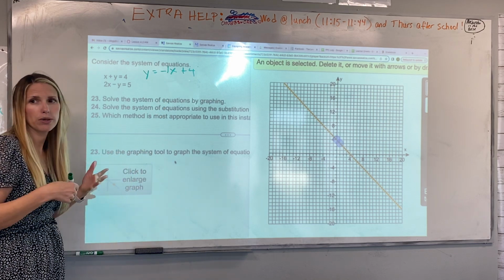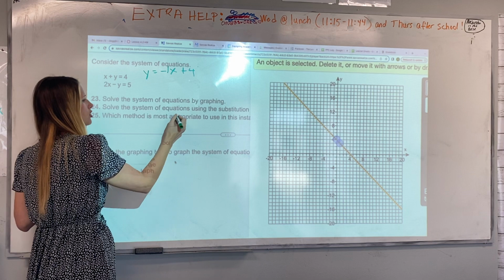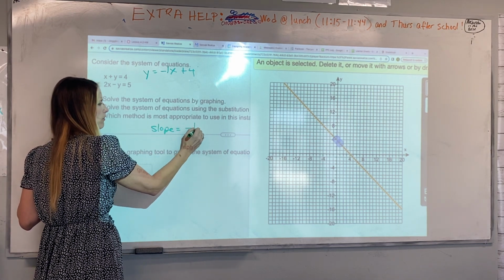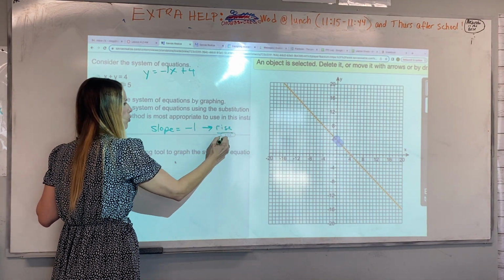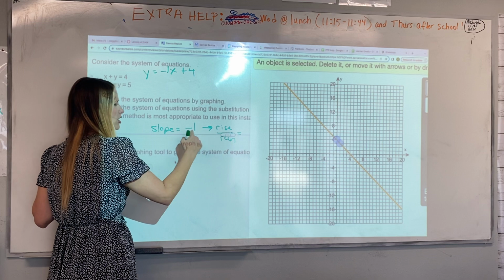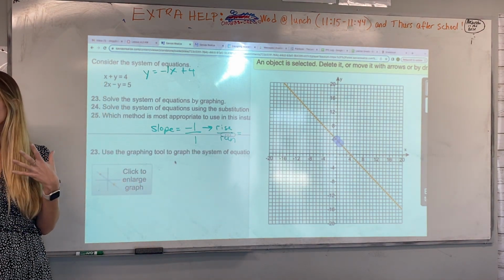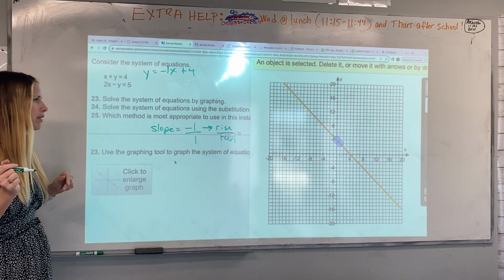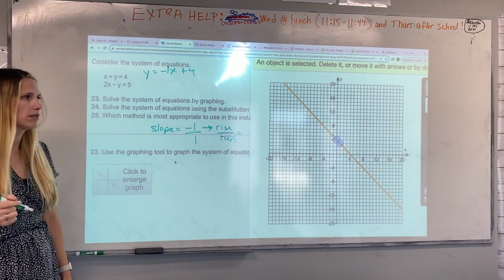So you can just write a 1 in there to make it show up. Remember that if the slope equals negative 1, and we want to put that into a rise over run form, we just put it over 1, because every number can be put over 1 and it's the same value. So we go down 1 and to the right 1. And that's what I did there.